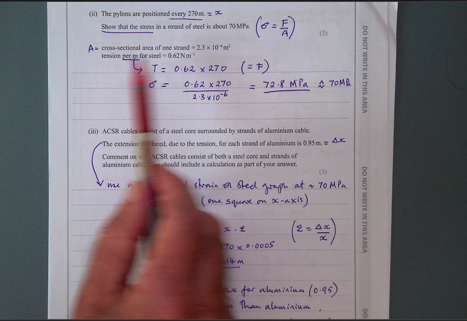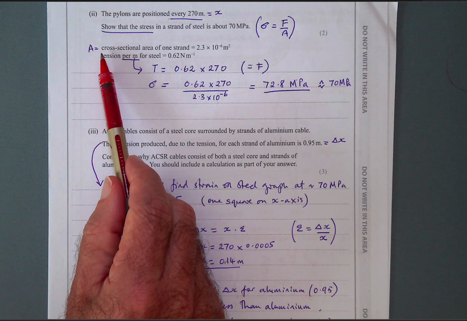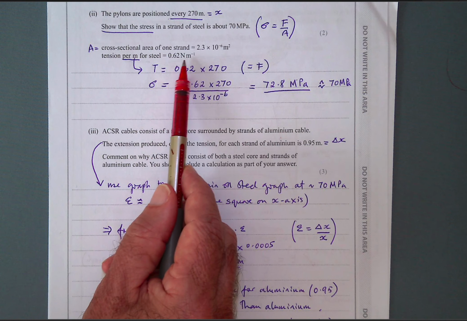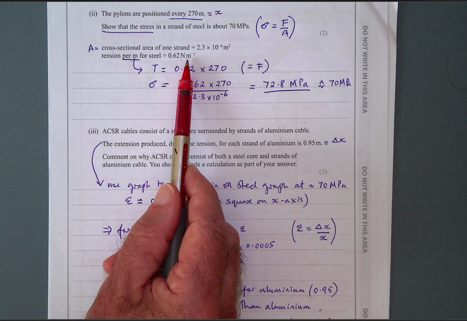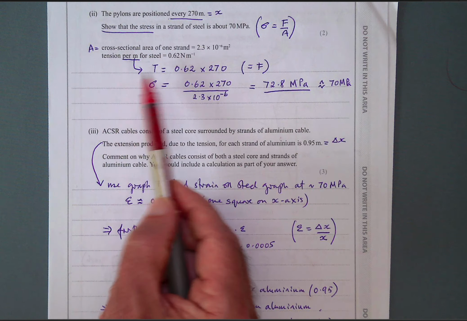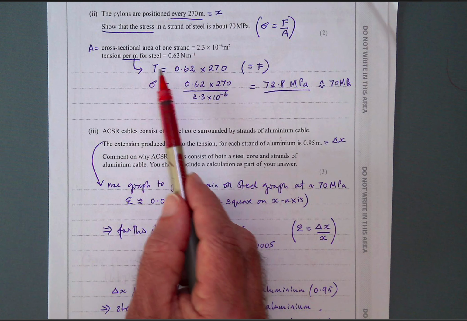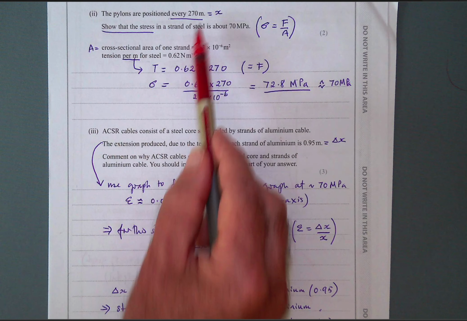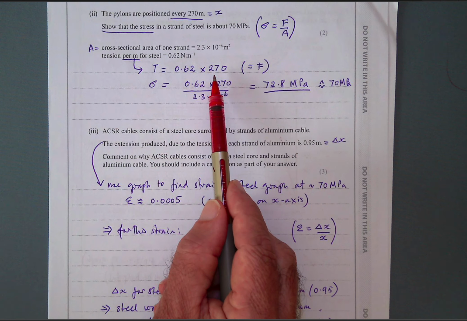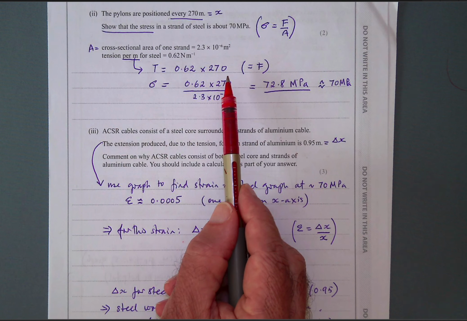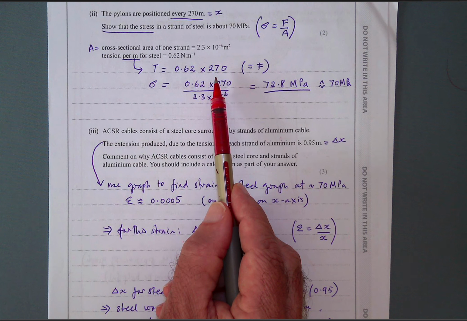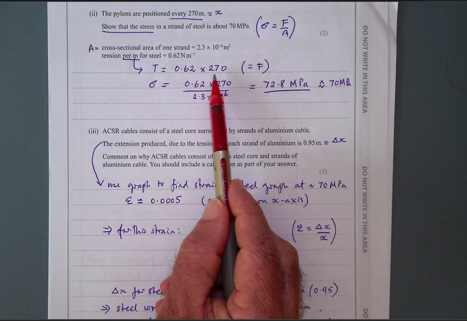Okay, so you want to show that A, the cross-sectional area, is given as 2.3 times 10 to the minus 6 meters squared, and the tension per meter for steel is 0.62 newtons per meter. So obviously we've got 270 meters of distance between them, well, that'll be the minimum amount of steel. If it's very, very tight, it will reach exactly across.